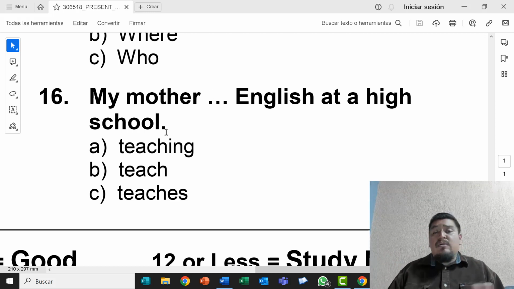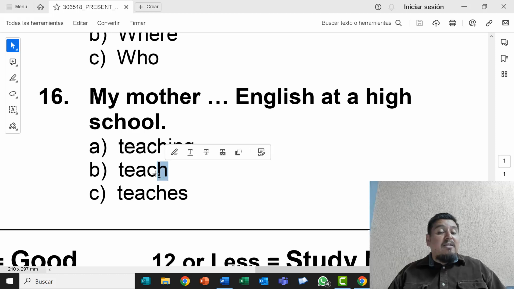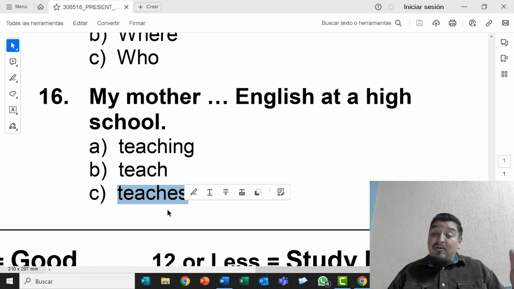But look, there's no question mark, so it's not an interrogative form. Maybe it could be a negative form, but we have teaching, teach, teaches. No, this is not a negative form. This is an affirmative. But my mother, so the base form is teach. Remember? Verbs ending in ch, you need to add es, like this one. So this is the correct answer. My mother teaches English at high school.